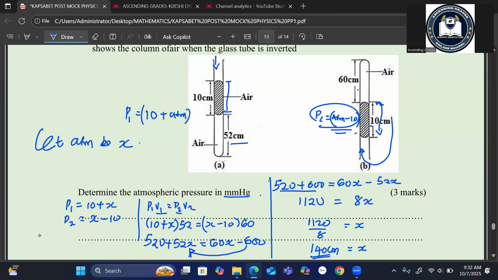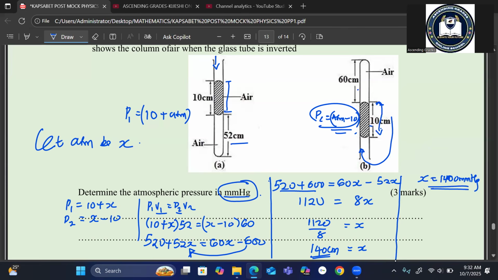mercury. But the question is asking us to get it in terms of millimeters of mercury. So our x in millimeters of mercury is supposed to be 1,400 millimeters of mercury. You may doubt the question, but that is the reality.